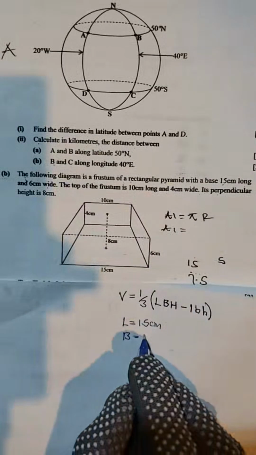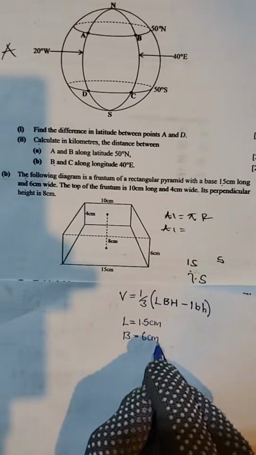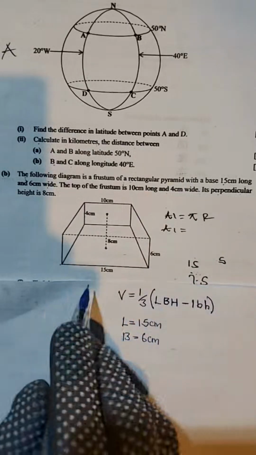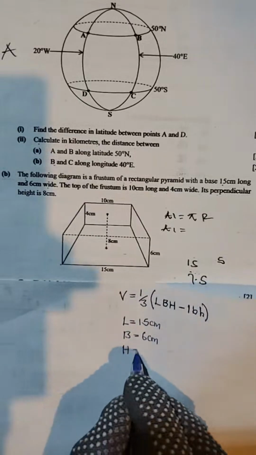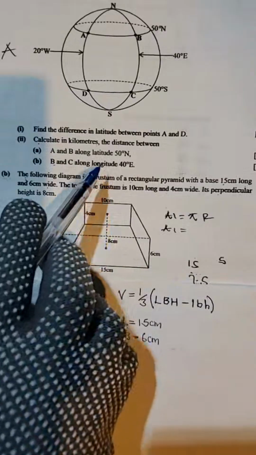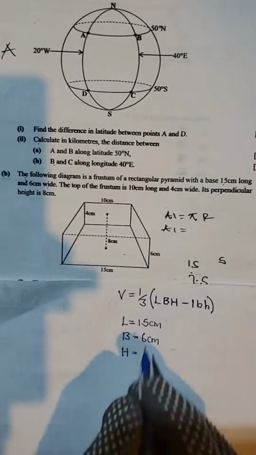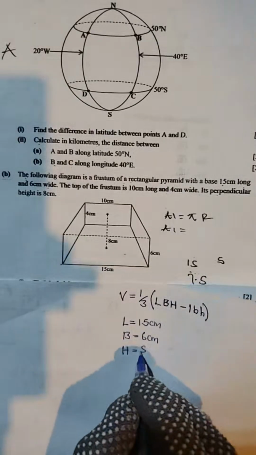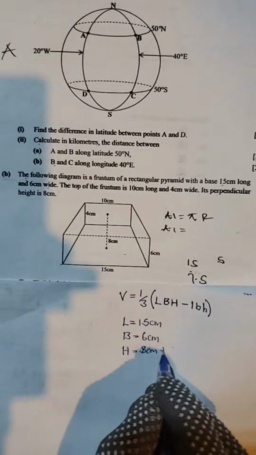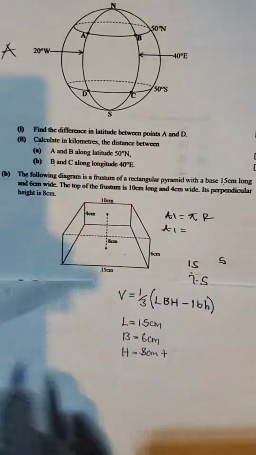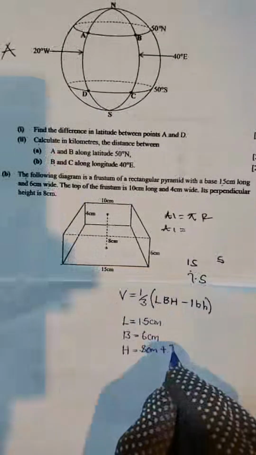The B here is 6 centimeters. How about the H, the height? No, we don't have. The height is 8 plus the part which was cut. So this will be 8 centimeters plus, let's use X as the part that was cut, plus X.